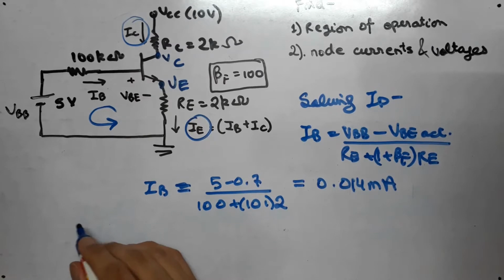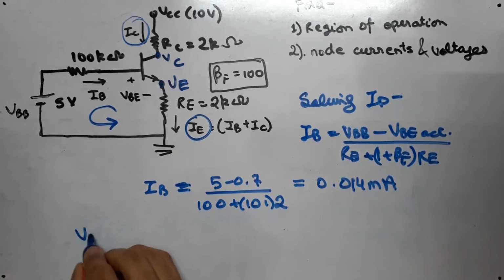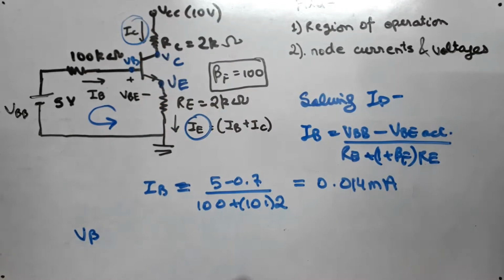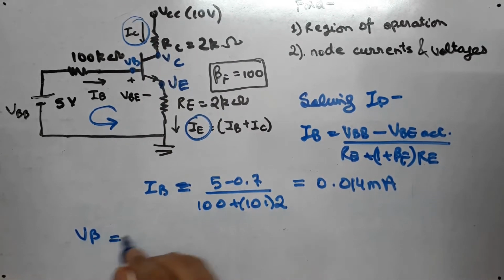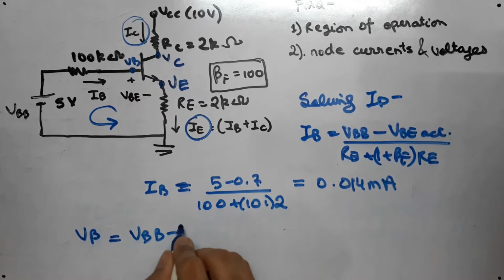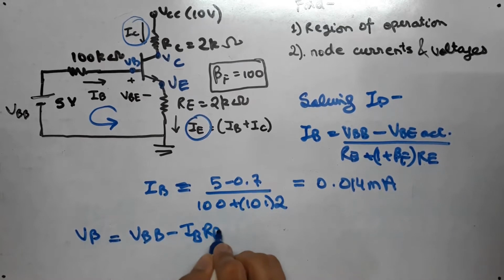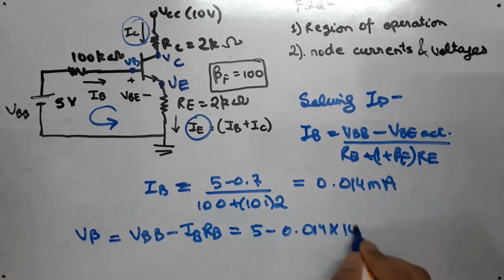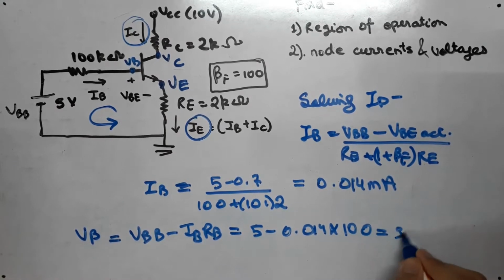Now friends, we will find the node voltage VB, that is over here. Now VB is equal to VBB minus IB RB. We will simply put the values: 0.014 into 100, equal to 3.6 volts.